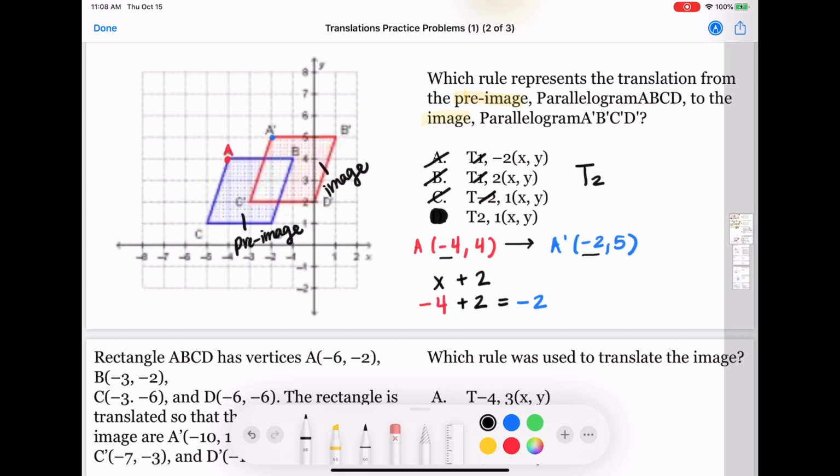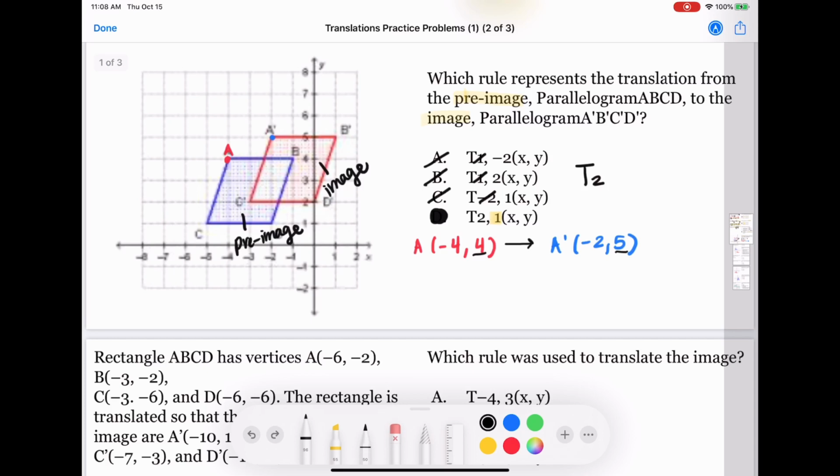However, I want to review how we got that y is equal to a positive 1. Well, all we simply have to do is do the same thing that we just did for x. We must determine what we must add or subtract to get from 4 to 5.